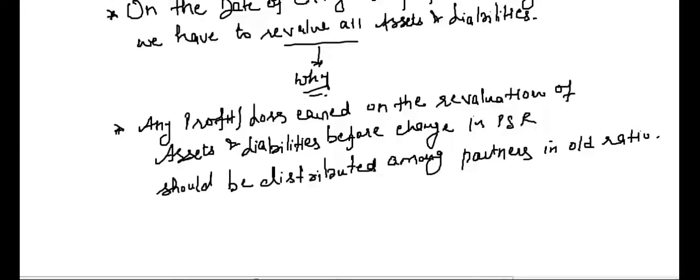On the date of change in profit sharing ratio, if there was an asset that should have been revalued and there was a profit on that, the advice of chartered accountant friend Z works here also: anything that you are earning before the change in profit sharing ratio, distribute it in the old ratio. Clear?